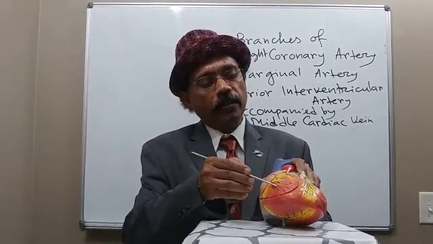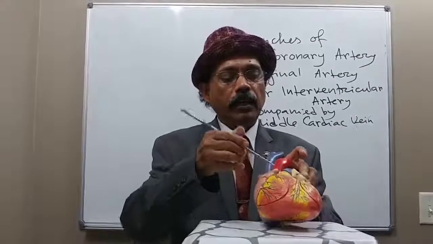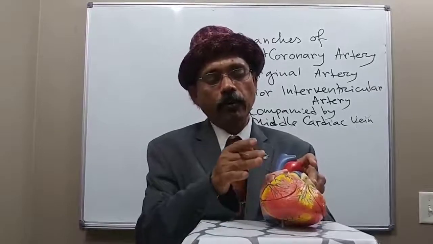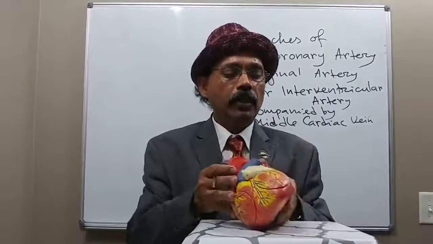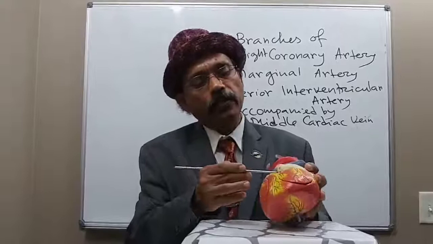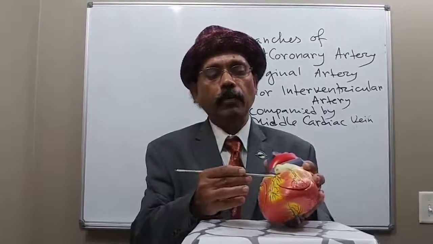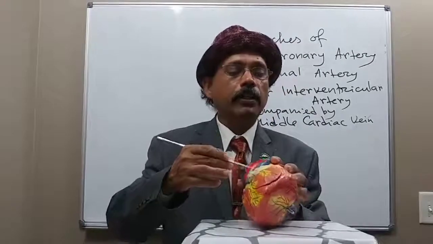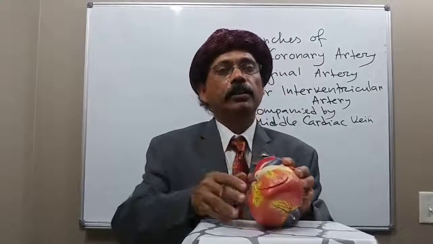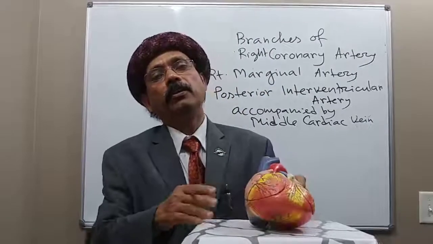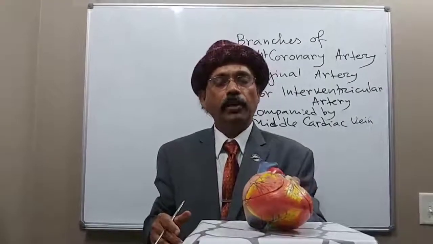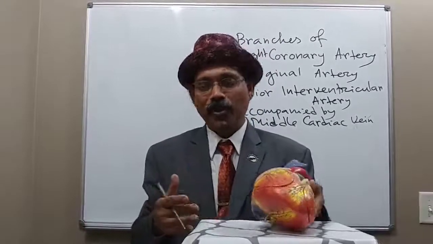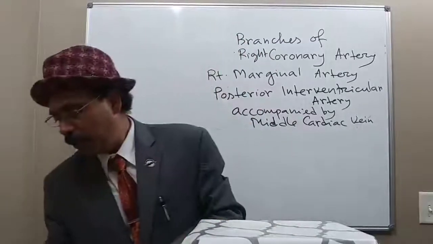This is the right marginal artery. This is the right coronary artery here. It goes down between the right auricle and right ventricle. This is the left coronary artery. This is the LAD or anterior interventricular artery. This is the circumflex branch of the left coronary artery. This is the left marginal artery. You have to remember that the orientation of the branches of the coronary arteries may vary from person to person, even from model to model.